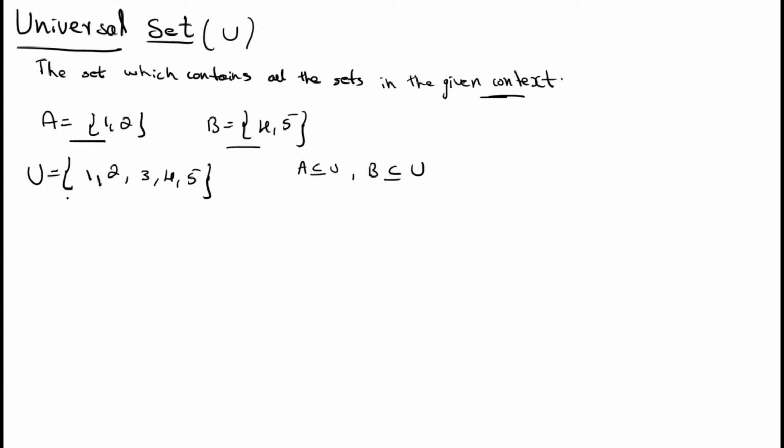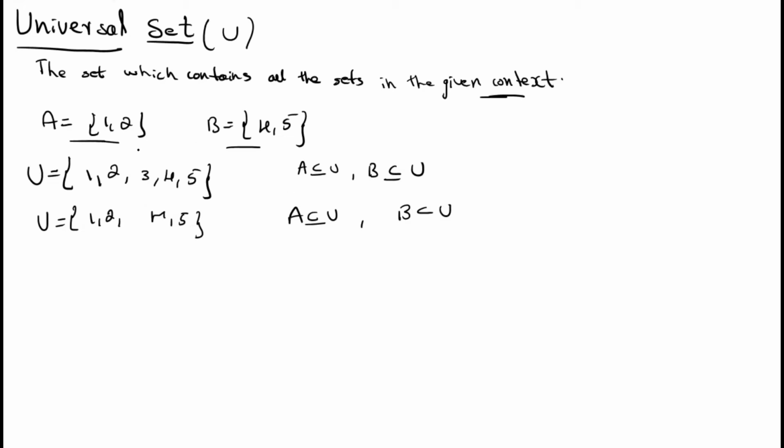In this case, you can say that U is the universal set, or you can take universal set U is equal to 1, 2, 4, 5 also. Why? Because A is a subset of U as well as B also a subset of U. Two sets are given, that is our situation.